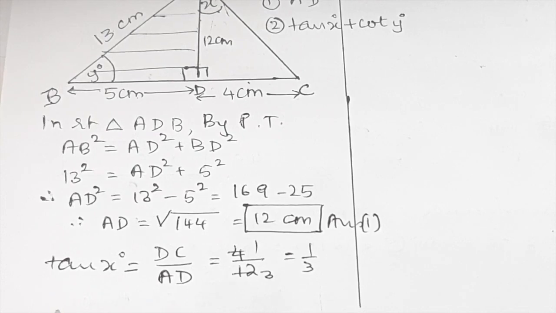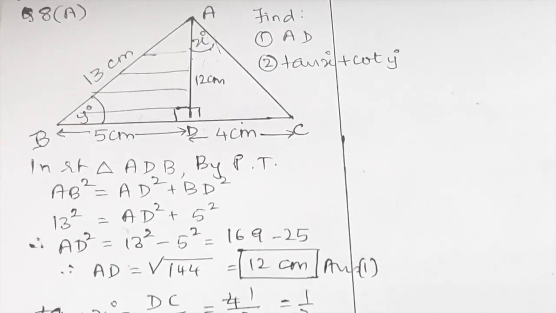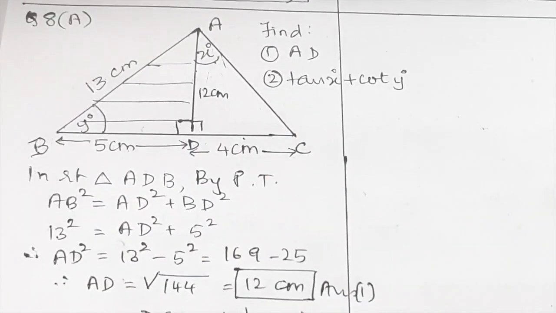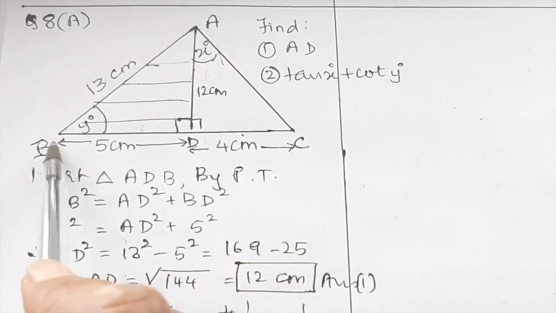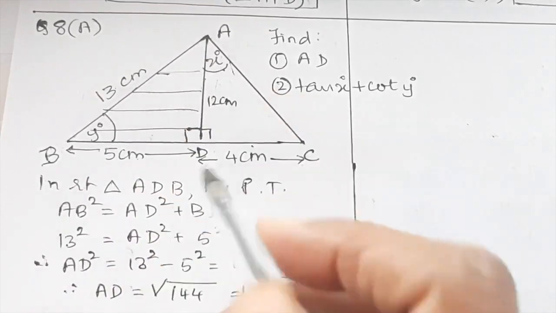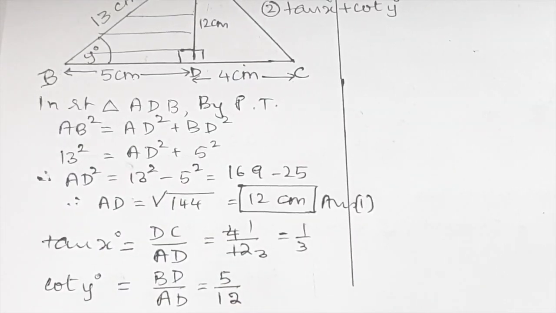Then we will look at cot y. Now cot y degrees is equal to, for y we have to take this triangle ABD. Y will have tan equal to AD upon BD. So cot will be BD upon AD. BD is 5 and AD is 12, so 5 upon 12. Okay, that is your cot y.